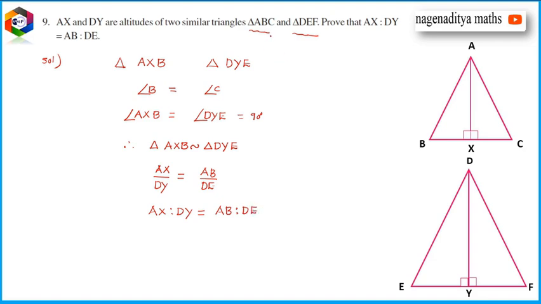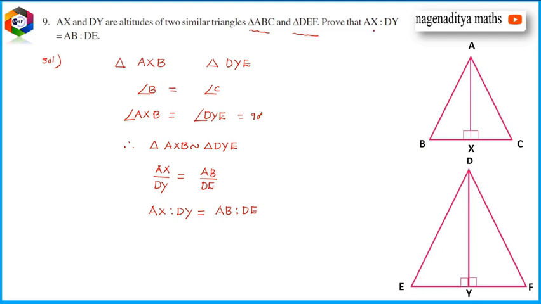By the problem it is given that both triangles ABC and DEF are similar, and AX and DY are altitudes of the given triangles. Hence AX makes a 90 degrees angle with the base BC and DY also makes a 90 degrees angle with the base EF.